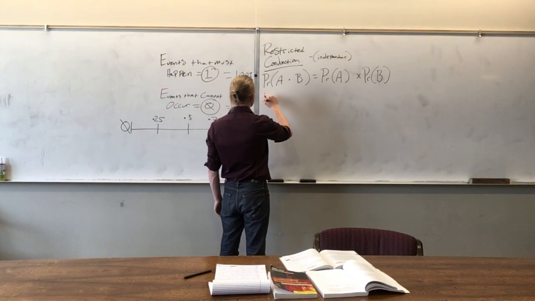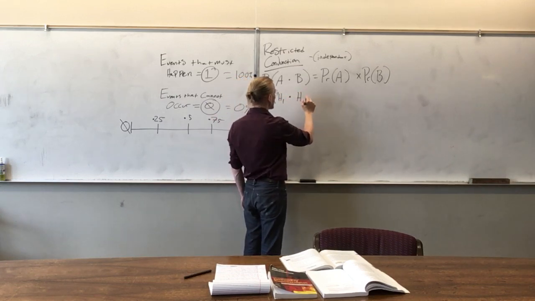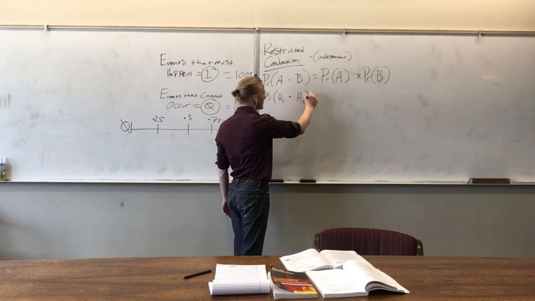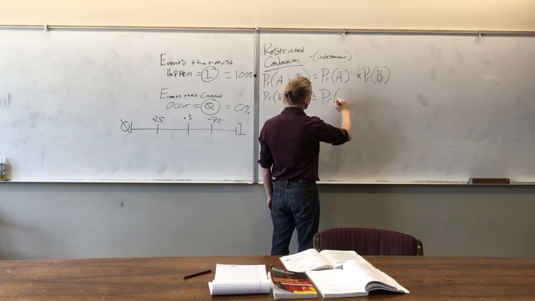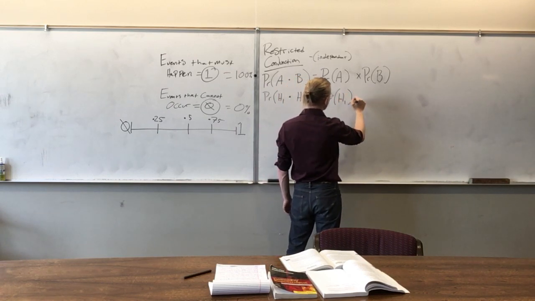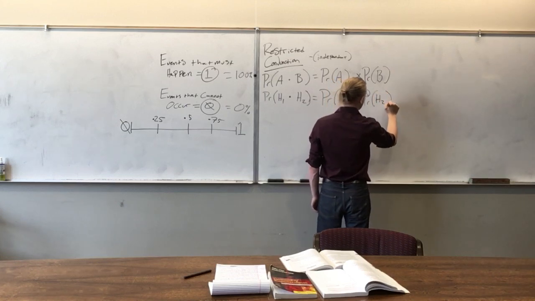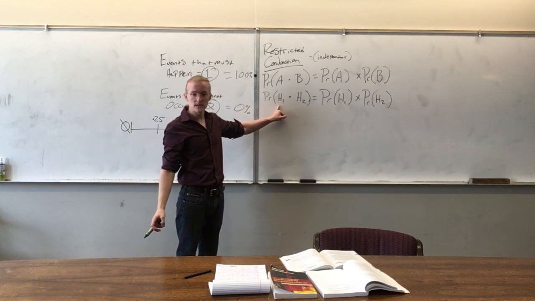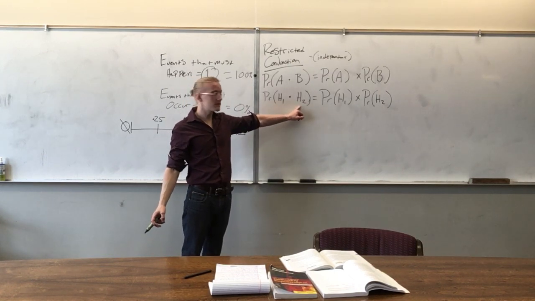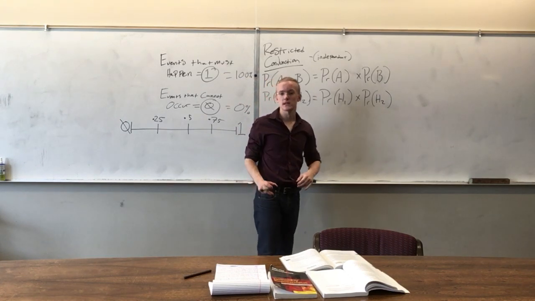And so we say the probability of getting heads on your first flip and heads on your second flip equals the probability of getting heads on the first flip times the probability of getting heads on the second flip. So what I've done is I've annotated heads for the first flip as H1 and heads for the second flip as H2, and now we're going to multiply them together.